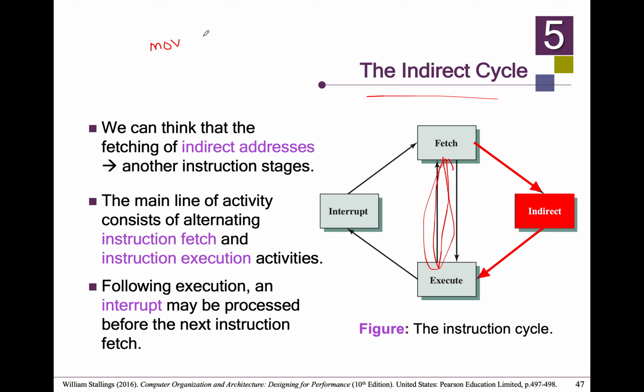MOV AX 10. Okay, I just repeat the similar operands and addresses. I just change the operations. Let's say SUB AX 10, SUB AX 100. So assuming it is all hexadecimal values, or maybe it is addresses, it depends.